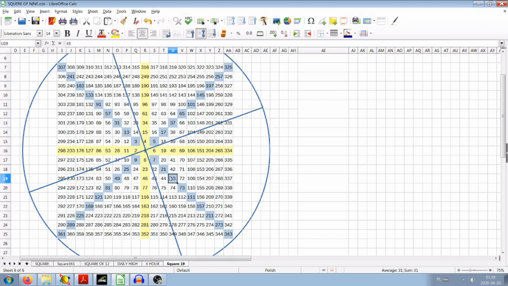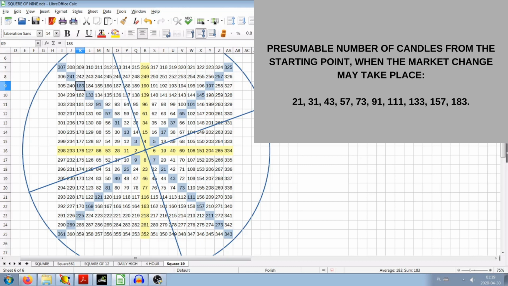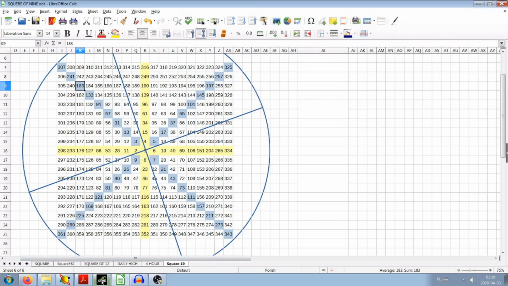Next one is 43, 57, 73, 91, 111, and so on, up to, let's say, 183, because I checked it only up to that date, and I'll tell you as well about 183. So keep those numbers in mind, 3, 13, 31, 57, and so on. All those numbers on this diagonal, I put in the corner over here for a while, just to keep them in mind. Alright, so let's go back here.